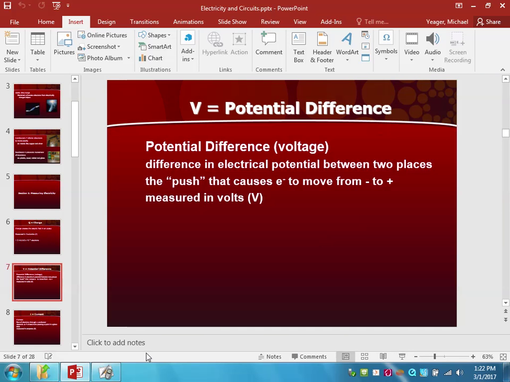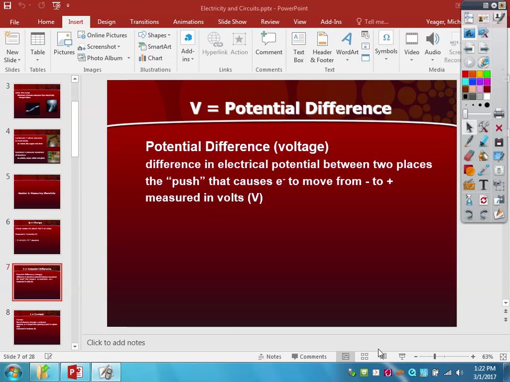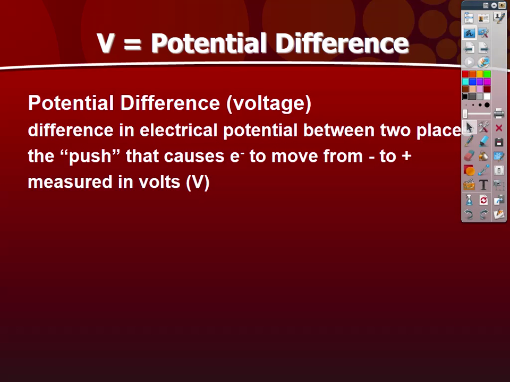There's a push that's created as it moves from negative to positive. It is related to energy. Basically, we call it potential difference because it has the potential for the electrons to move from one spot to another.